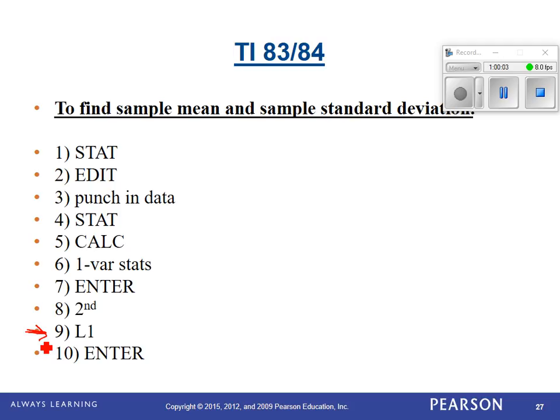No, it just depends on which list you put all your numbers in. Put them in the first list, then use L1. Put them in the second list, L2, and so on. You've got to hit second 1, or second 2, or second 3, depending on which list you put them in.